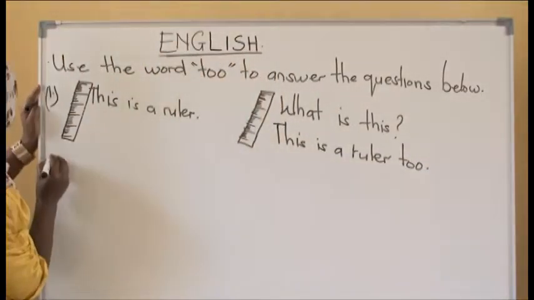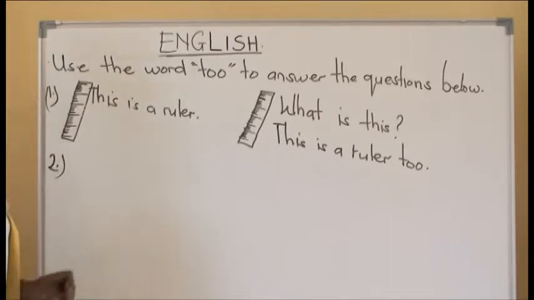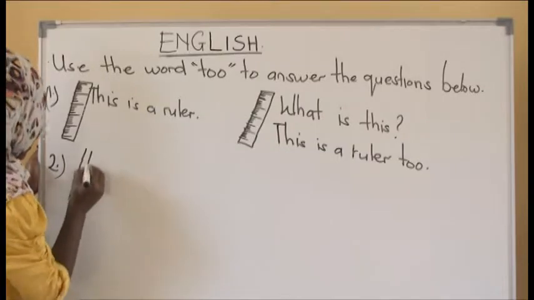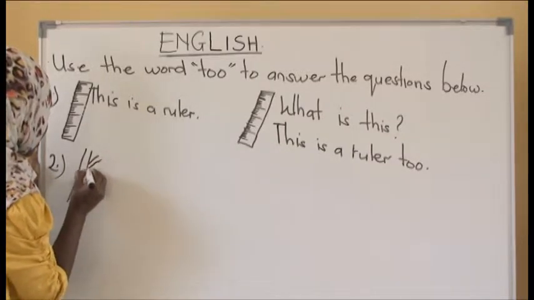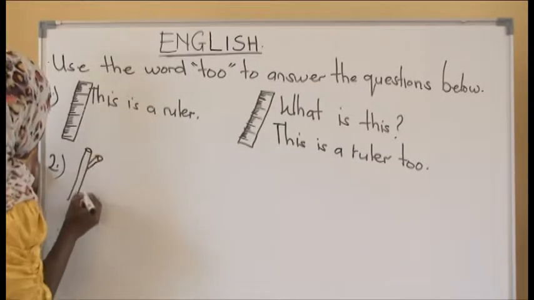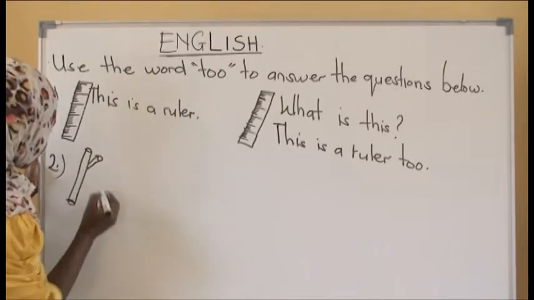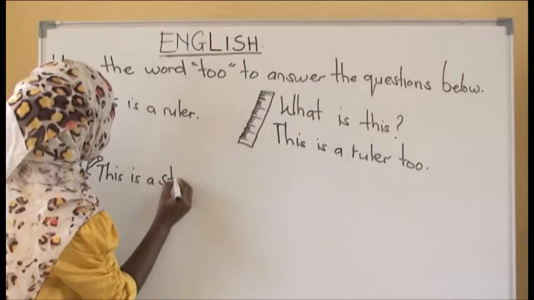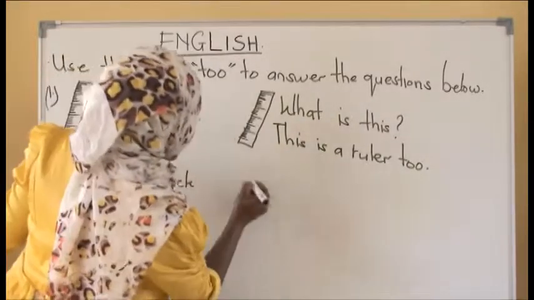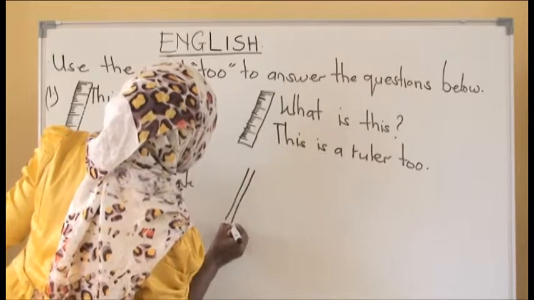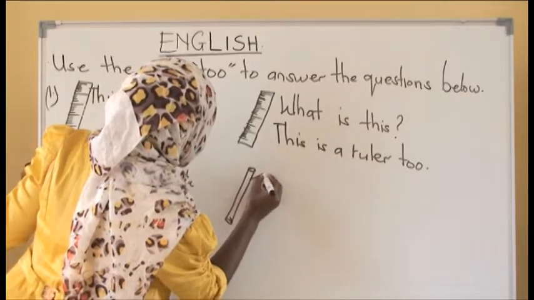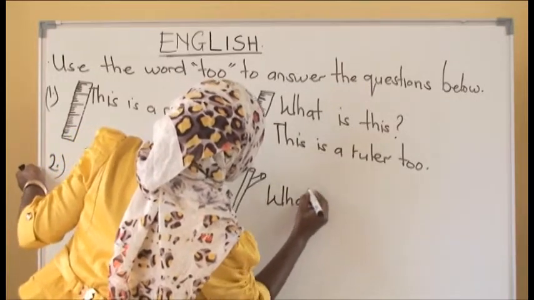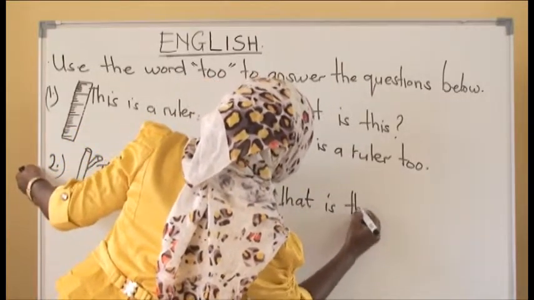Then, question number 2. Question number 2 was like this. And this is a stick, and we had another stick here, and we were asked the question, what is this?